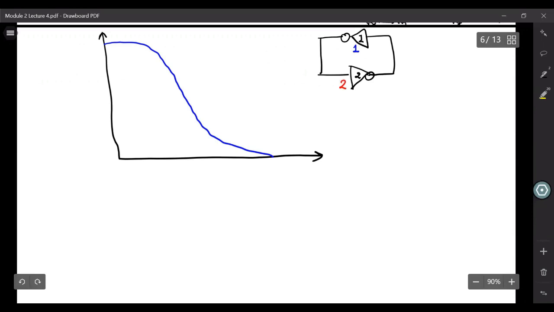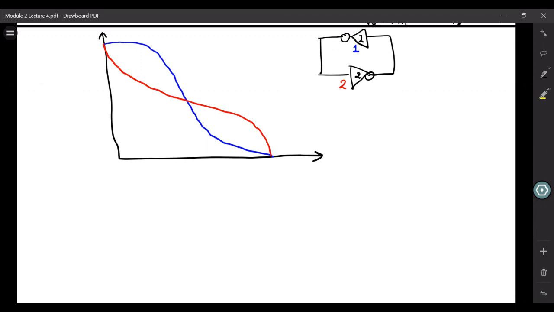And how do we do that? We draw them on the same axis, since the input to 2 is the output of 1 and vice versa, and we get something like this. This is the VTC curve of the bistable element.